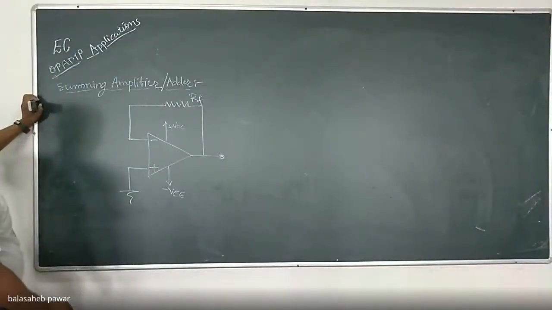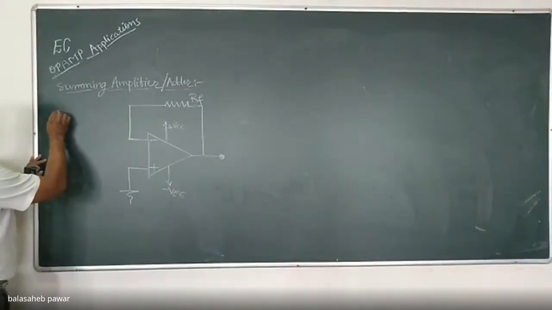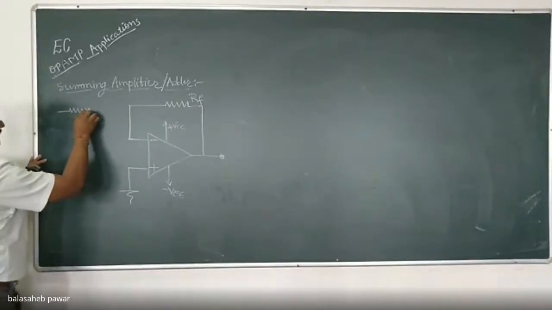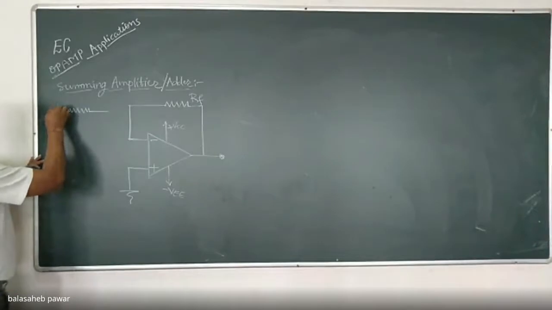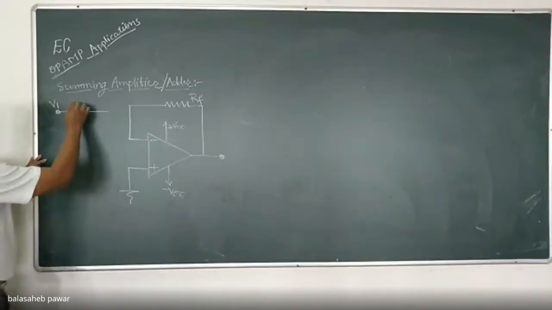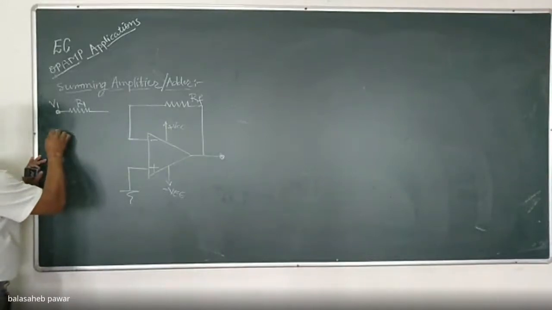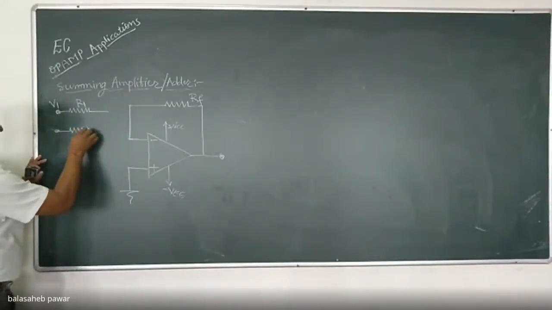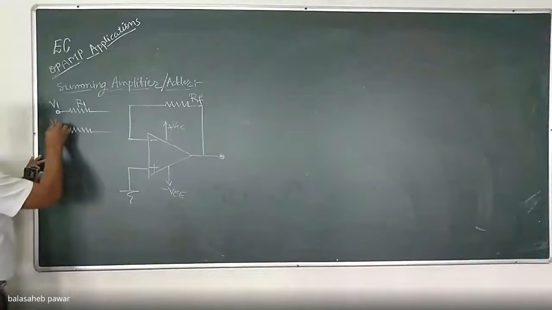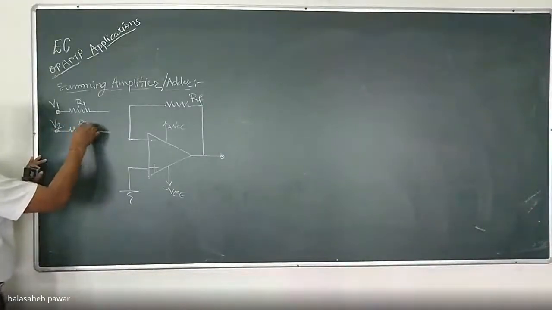Okay. Now I will consider 3 input voltage sources. Suppose this one is V1, which is applied through resistor R1. Another I will call V2, which is applied through resistor R2.